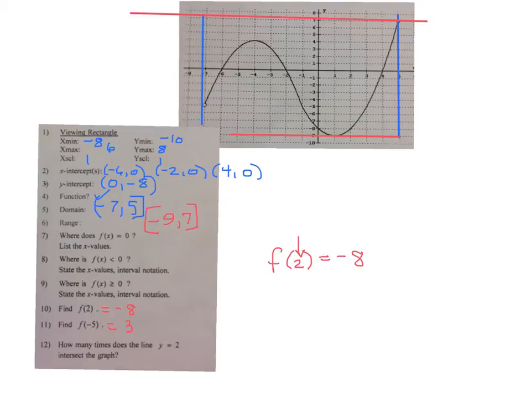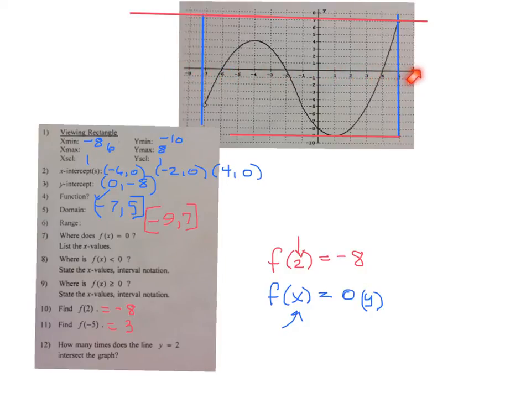Now let's go back to 7. Where does f of x equal 0? So now we're looking at something different. We're looking at f of x equals 0. So now it's telling me that the y is 0. So now, if this is the y, I'm looking for the x. So, let's see. Here is where y is 0, right?